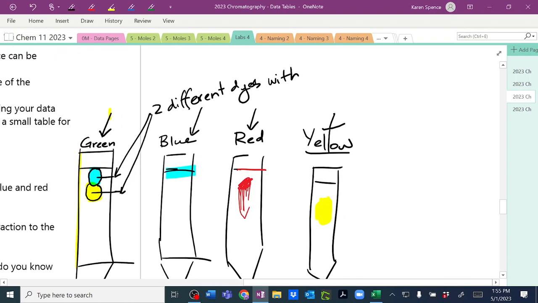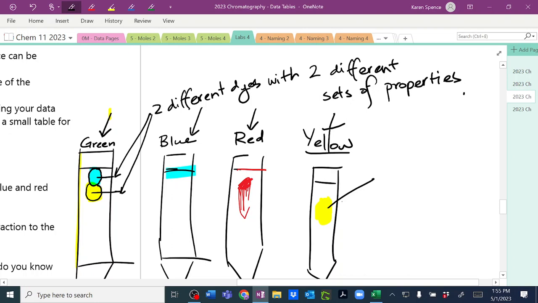One is more soluble in the water, one is less soluble in the water. One is blue, one is yellow. Yeah? Therefore, you have a mixture.